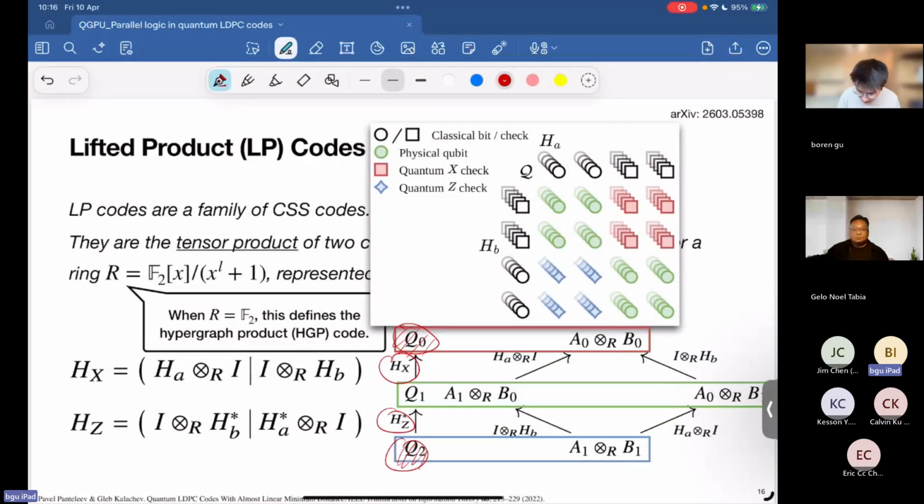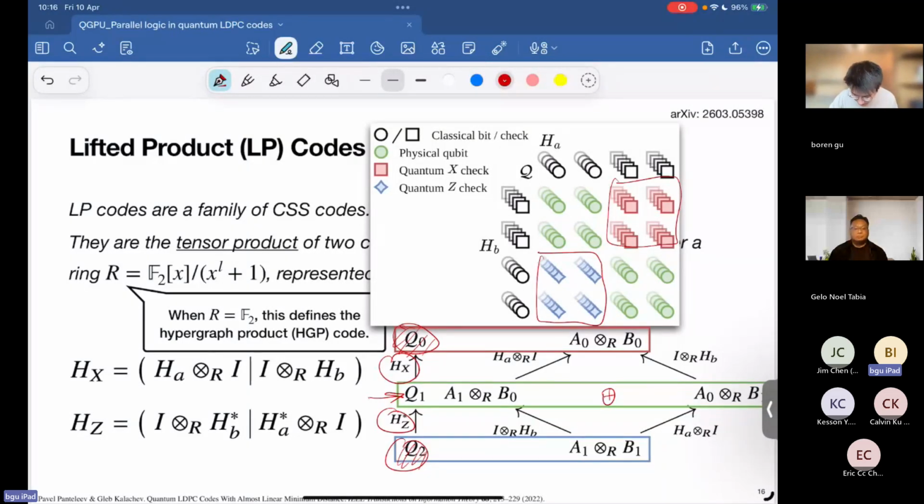So we are able to lay out the two sectors of the check qubits. And for the physical qubits, as we can see, it can be decomposed into two different R modules or vector spaces.